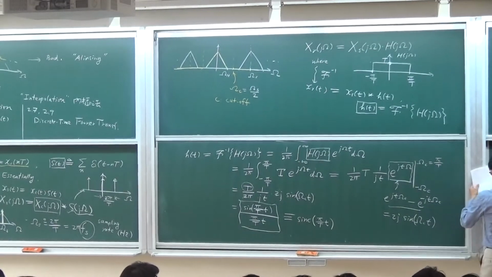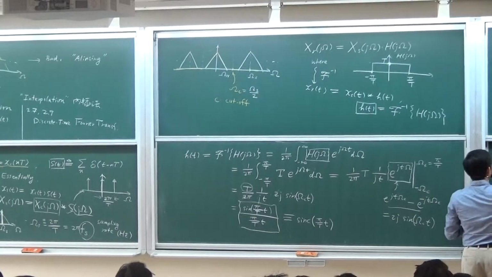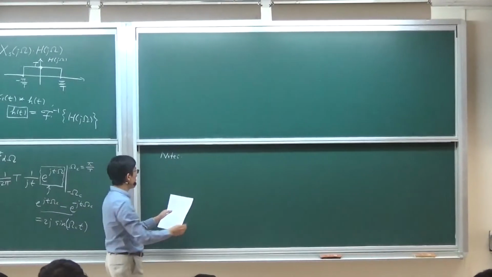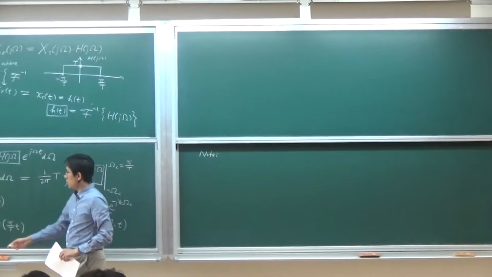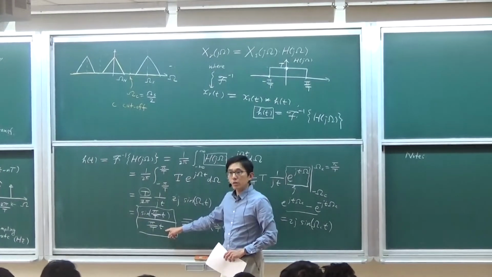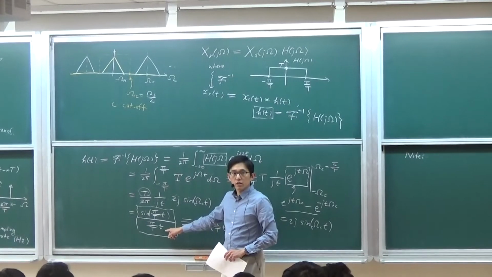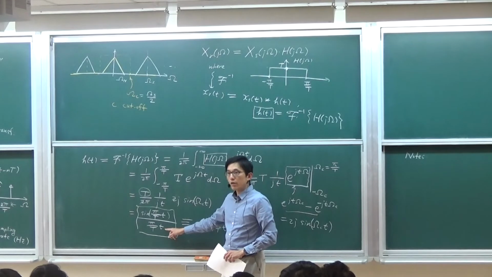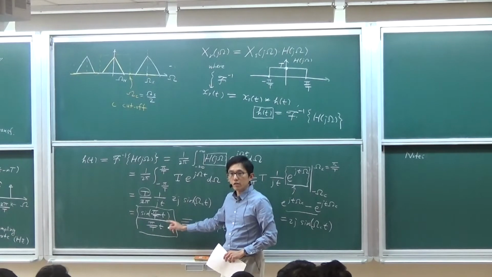Let's have a few notes on the sinc function. The first note: this form is not well defined at t equals 0, because the denominator is 0 and we cannot divide by 0.